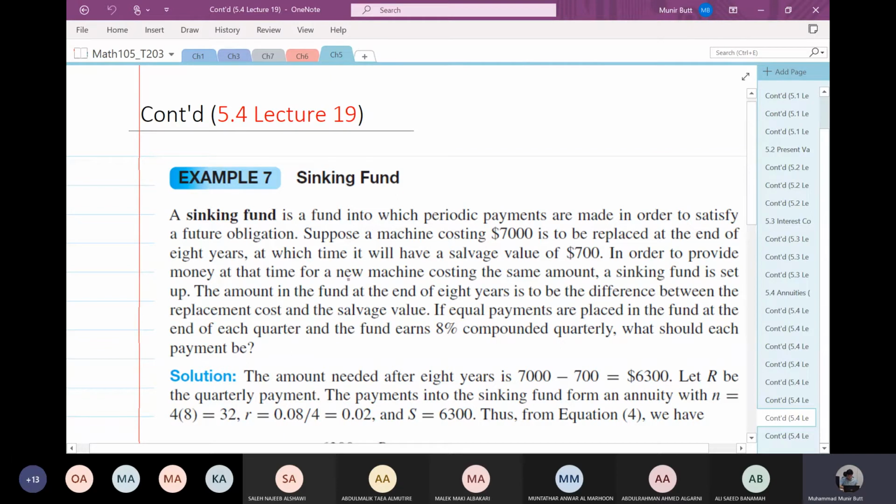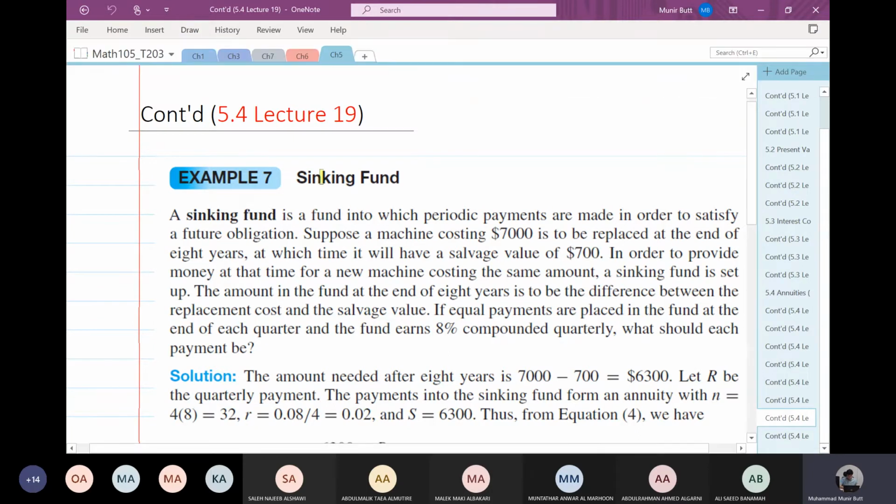If you have a car, a truck, or any transport, it will depreciate with respect to time. So if the current value of the new machine is like $7,000, after a few years its value will depreciate, and we need something to maintain it. Okay, so now we come back to this question.